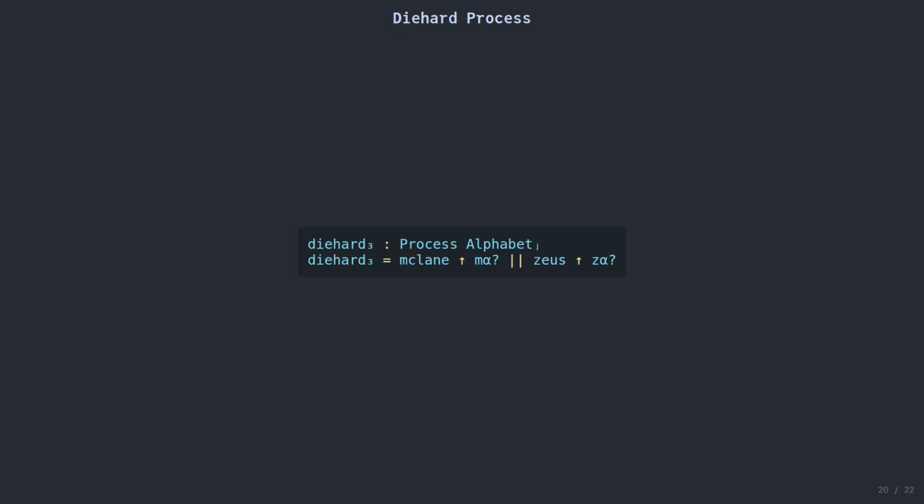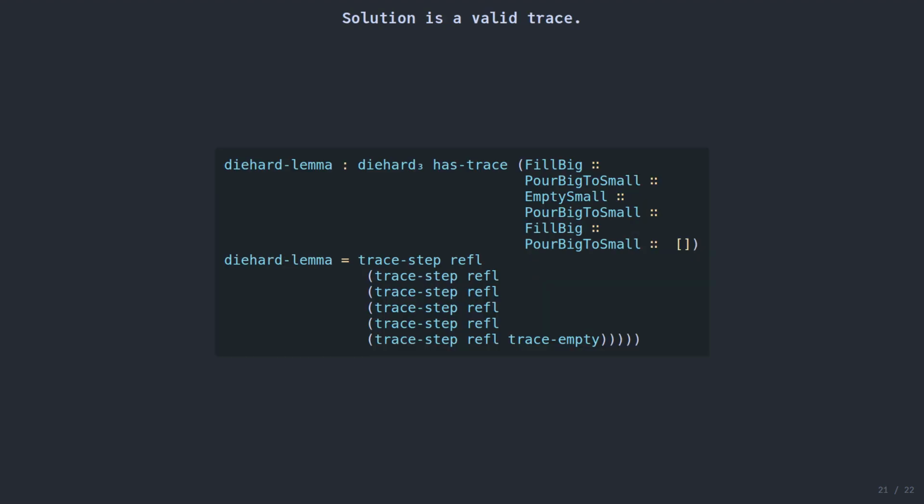This keeps the focus entirely on the concurrency operator and the membership functions that determine which events each process participates in. Now we can check that the trace we already know is the solution is indeed a valid trace of our new concurrent Diehard process. Each step in the sequence corresponds to an event that Mclane and Zeus can perform, either independently or together, according to the membership functions we defined earlier.